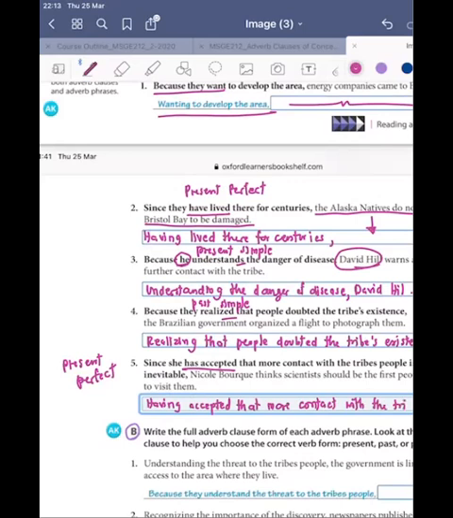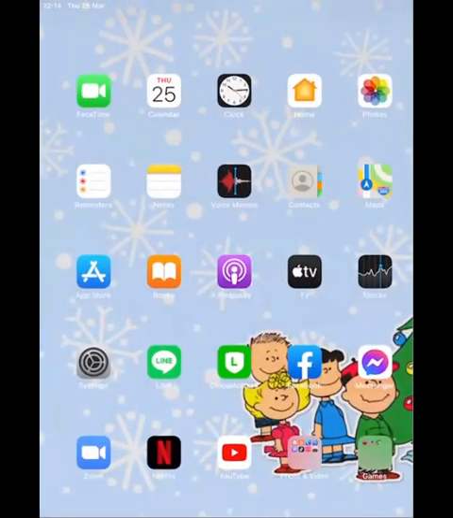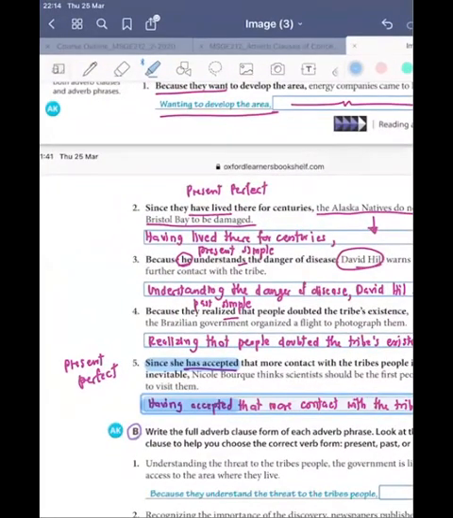So you see what changes is at the beginning, that's it. The rest is the same as inevitable. Okay, having accepted that more contact with the tribe's people is inevitable, comma, Nicole Berg thinks scientists should be the first people to visit them. The rest stays the same, okay? You just change this part here. Since she has accepted becomes having accepted. Okay. Right.